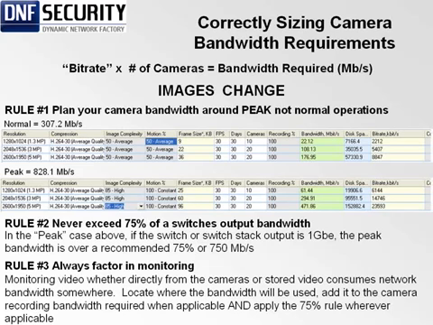Never exceed 75% of a switch's output bandwidth. And the reason for this is within a LAN or a network that's using an internet protocol, such as ours with cameras talking to the NVRs, camera data is not the only thing that's moving back and forth across the network. There's protocol overhead. There are in fact collisions where 2 sets of cameras, 3 sets of cameras, 5 sets of cameras are all trying to send data at the same time.